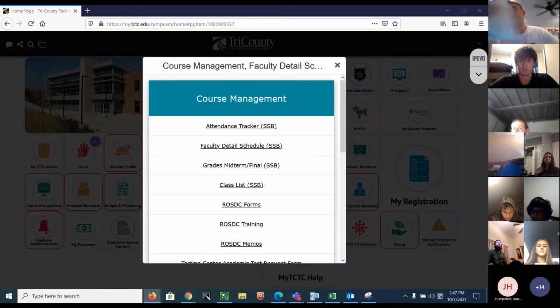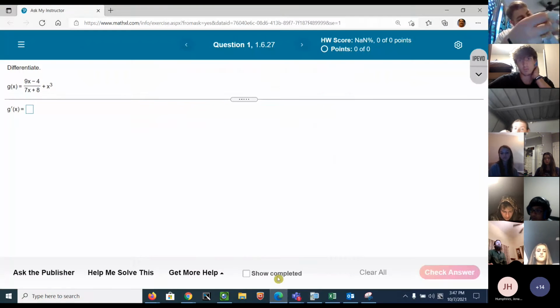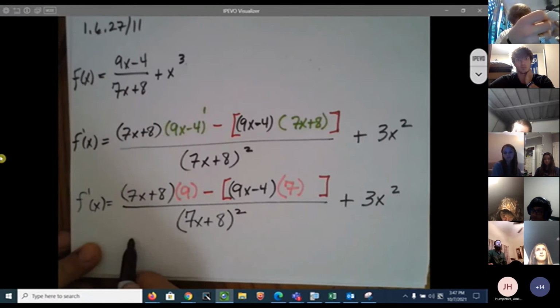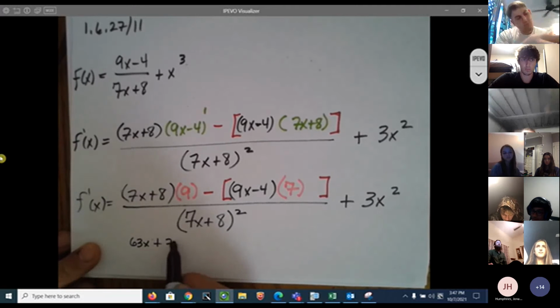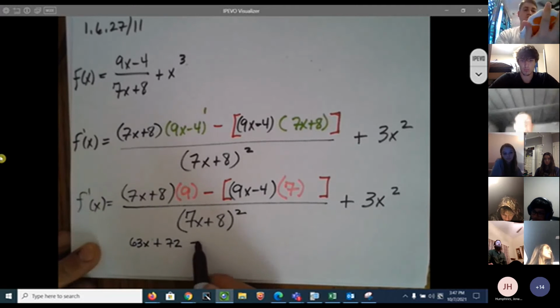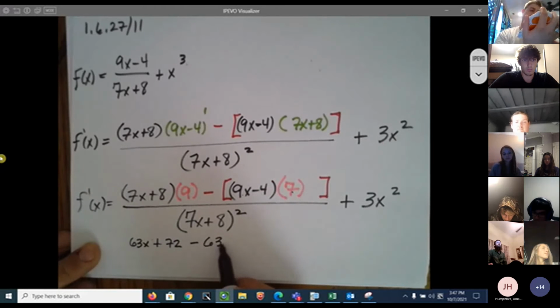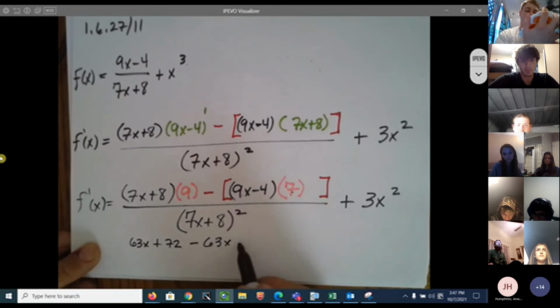All right, so here's our problem. I'm going to go ahead and do 9 times 7. 9 times 7 is 63. x plus 72 minus 7 times 9 is 63x. Minus 7 times negative 4 is plus 28.